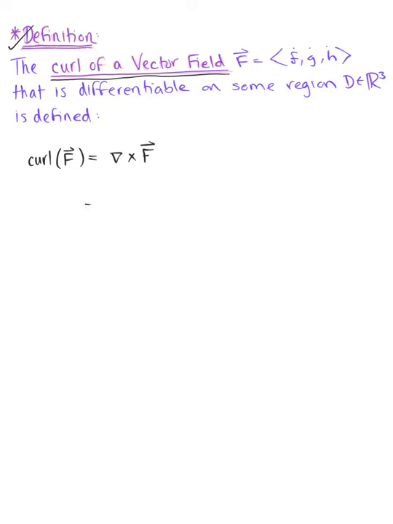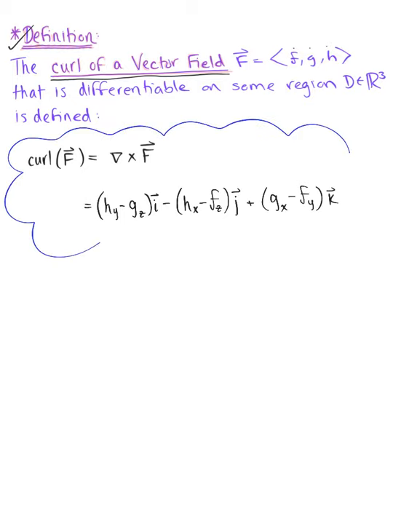We just derived the following formula for the curl: the partial derivative of h with respect to y minus the partial derivative of g with respect to z, i hat, minus the partial derivative of h with respect to x minus the partial derivative of f with respect to z, j hat, plus the partial derivative of g with respect to x minus the partial derivative of f with respect to y, k hat. This gives us the formula for the curl in space, or in 3 dimensions.